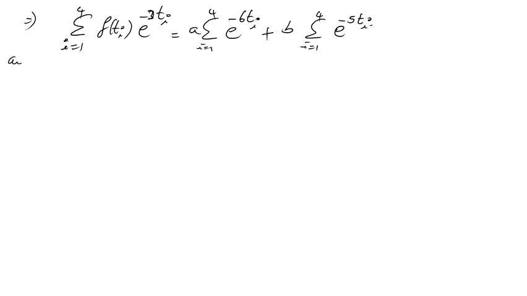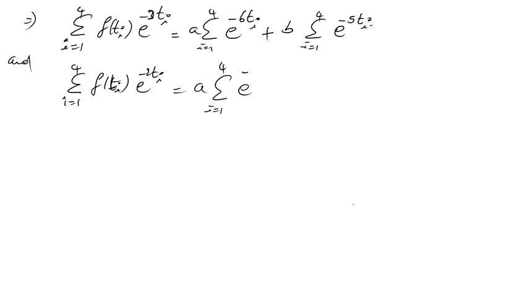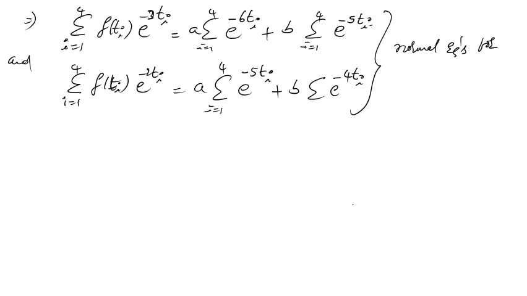And the second one: summation i equal to 1 to 4 of f of ti into e to the power of minus 2ti equals a into summation e to the power of minus 5ti plus b into summation e to the power of minus 4ti. These two are normal equations for the given curve, right?